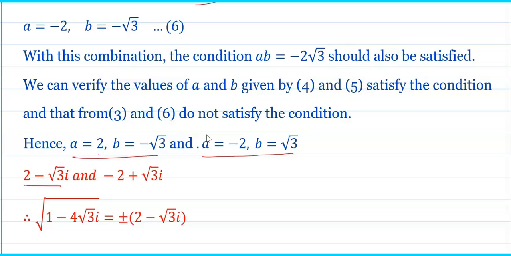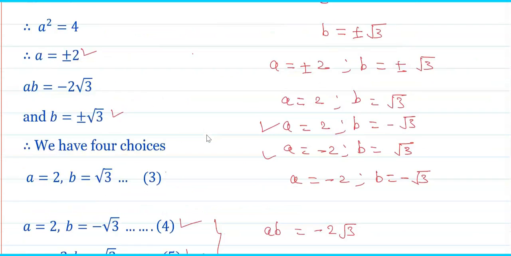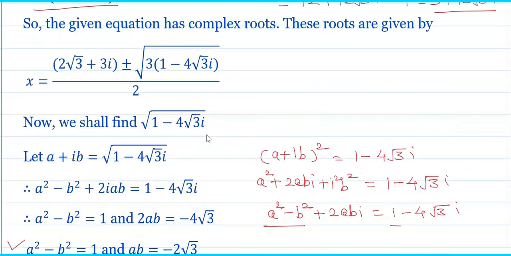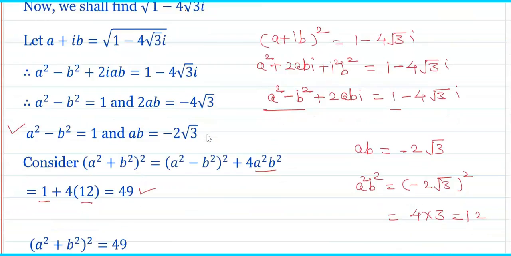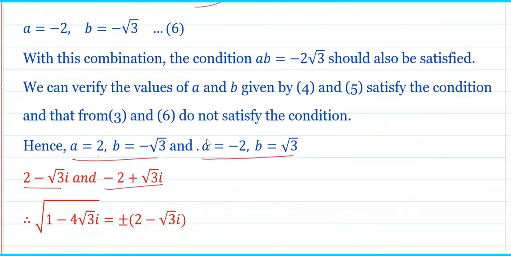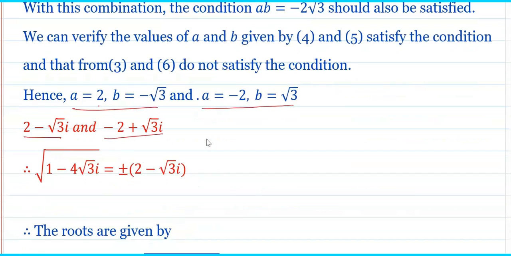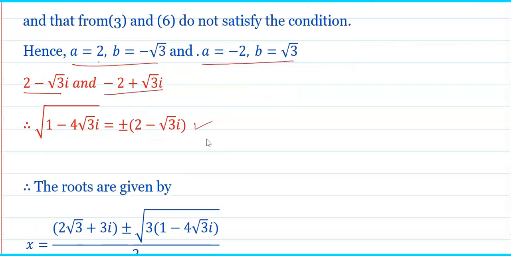This is the first one, and the second is minus 2 plus root 3 i. Here we were finding the root of 1 minus 4 root 3 i, and hence the root of 1 minus 4 root 3 i is equal to plus or minus 2 minus root 3 i, in brackets, complete in this way.